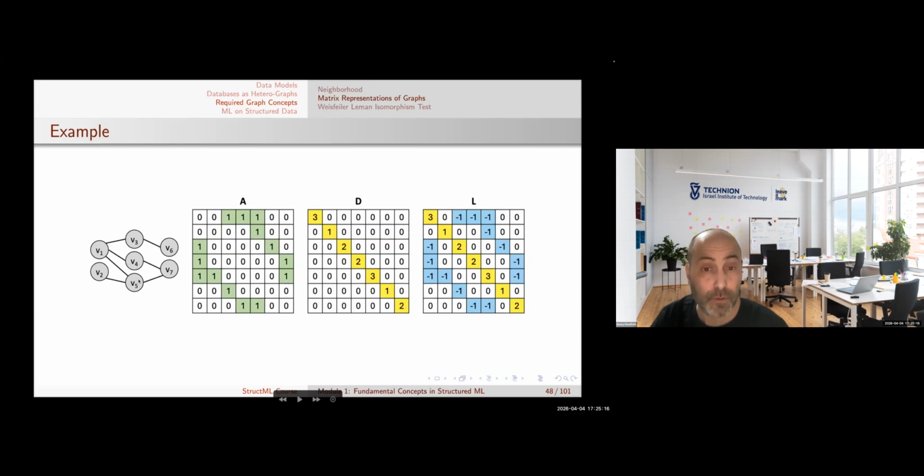And it has three neighbors, so the degree is 3, as we wrote in the entry D11. And for the Laplacian, it's just D minus A. The degree is 3, and the neighbors with -1 are 3, 4, and 5.